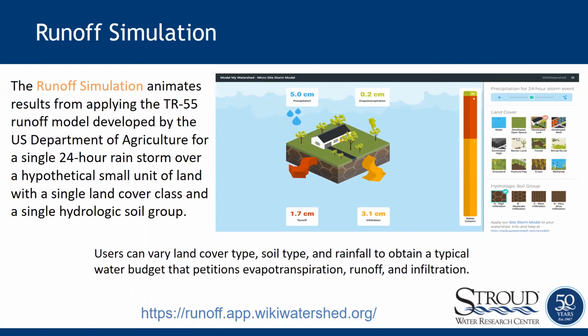And you can then see how that amount of rain proportions itself, depending on those different variables, to evapotranspiration, infiltration, and runoff. And all throughout this and the full-scale modeling GIS, your basic goal or your student's goal is to minimize runoff and promote infiltration.